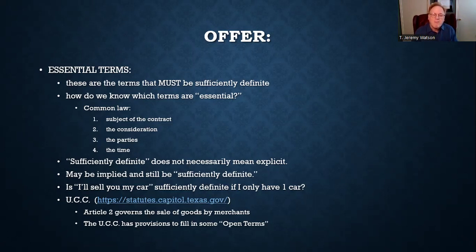And so most courts are willing to, if an offer identifies the subject, the consideration, and the parties, oftentimes, not always, but oftentimes courts will imply a reasonable time period in order to make that an offer, in order to make that something that can lead to a contract.